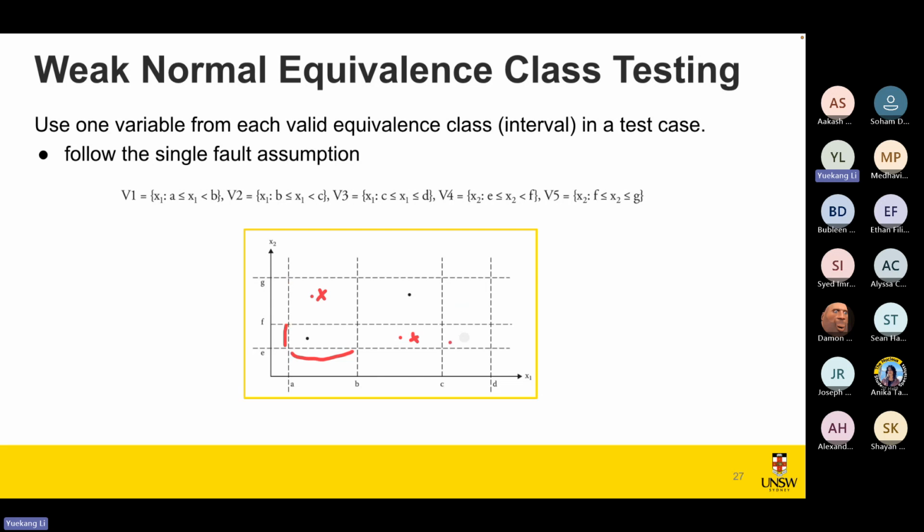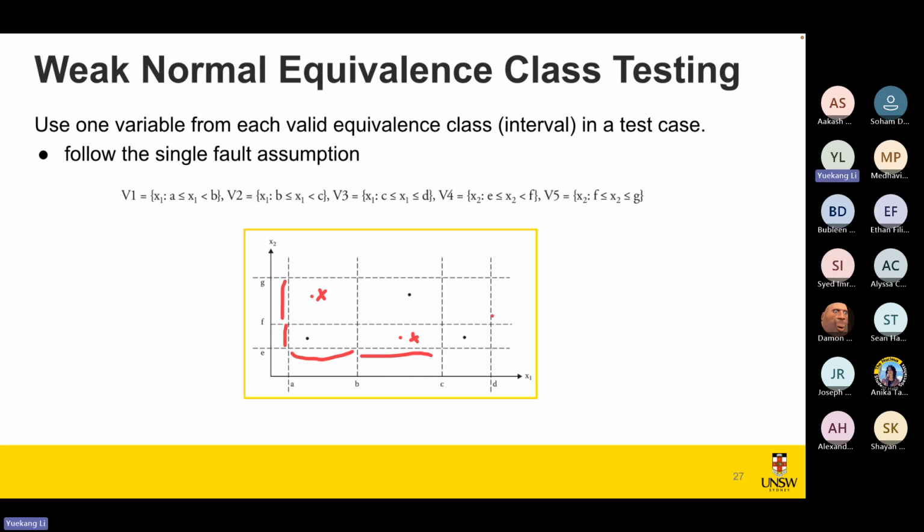For x1 we have covered this, for x2 we have covered all equivalence classes. So we just need one more test case to cover the last part. We can either put it here or here, so it doesn't matter. It's a little bit of redundancy here for testing x2, but it's how it is.